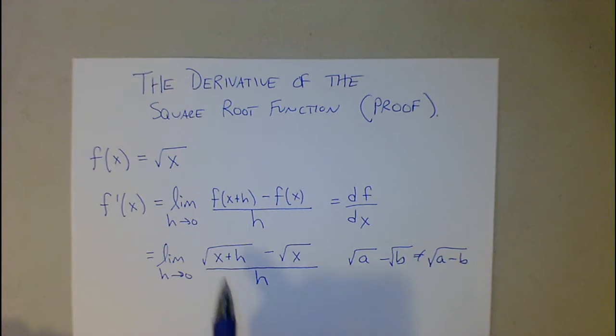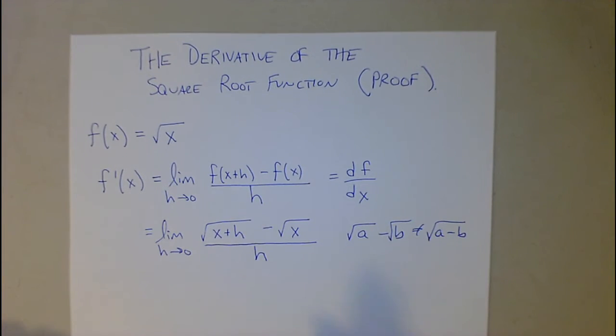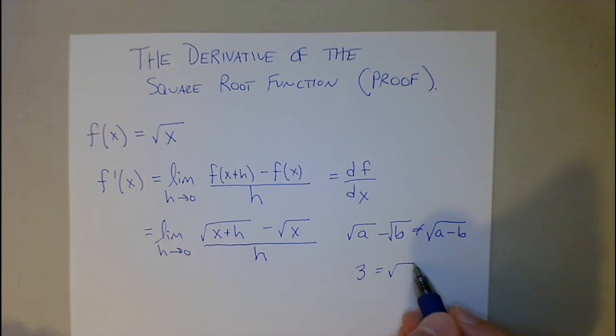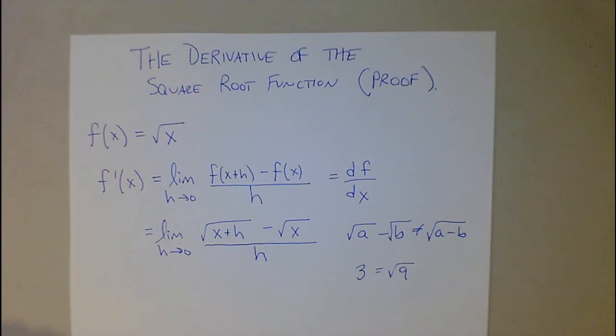Some people are going to start squaring things, but remember, we're not solving an equation. We're taking an expression and we're simplifying it. So you can't just start squaring things to get rid of square roots. For example, if I told you that my answer was 3, I had $3 in my pocket. Well, that's also the square root of 9, right? The square root of 9 is 3.